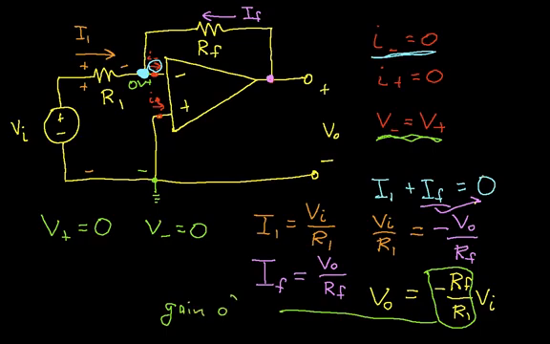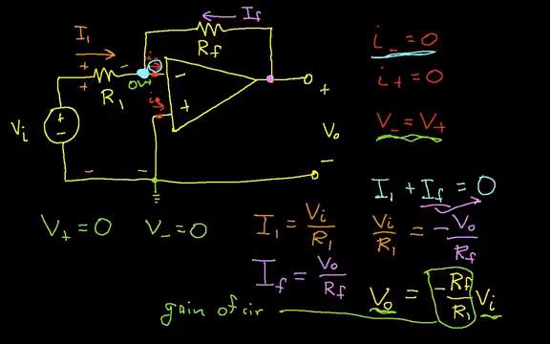The idea is it tells us how much V in is increased to get V out. And in this case, the fact that the gain is negative means that V out will have an opposite sign to V in, and it'll be multiplied by RF over R1. Okay, so this is how you do the analysis.